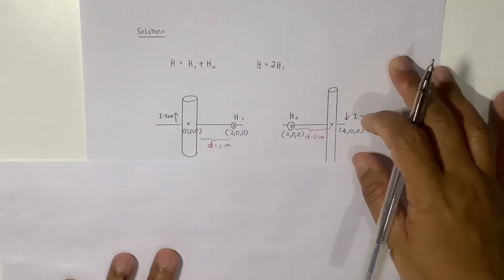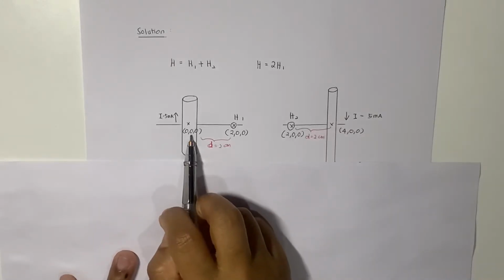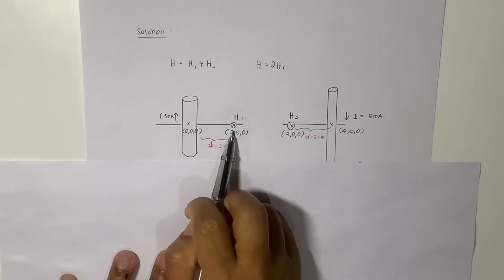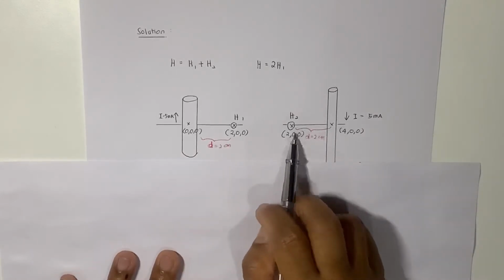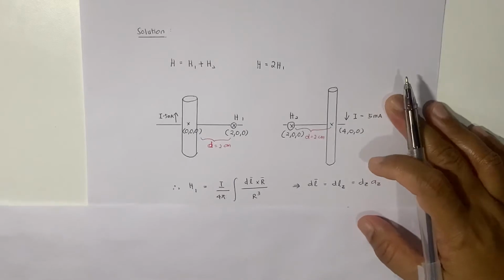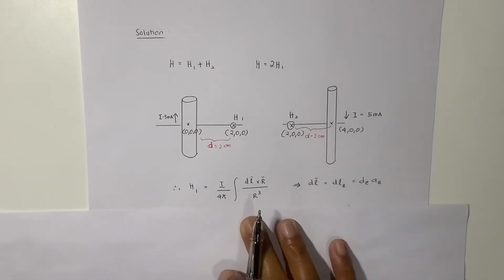Okay, so this is the distance from the first conductor to the P point, and this is the distance from the second conductor to the P point. So we need to apply Biot-Savart's law. This is the general equation of Biot-Savart's law.